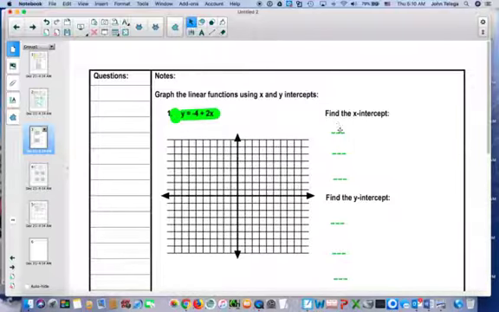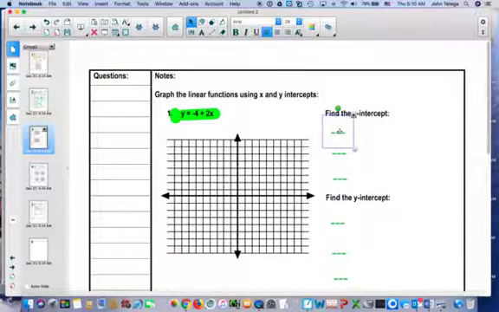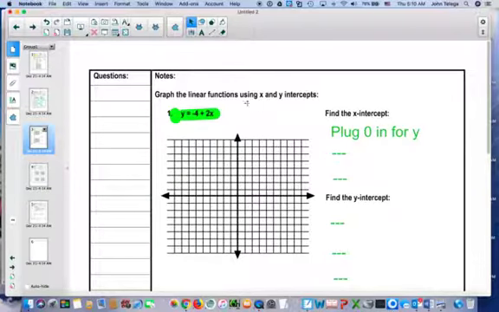Okay, so let's go here. Plug in for the y. So this is more using the cover-up strategy. Plug 0 in for y. This is kind of more like just covering up. I don't know how I can show covering up.